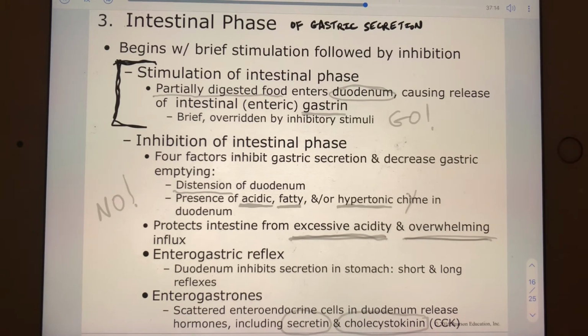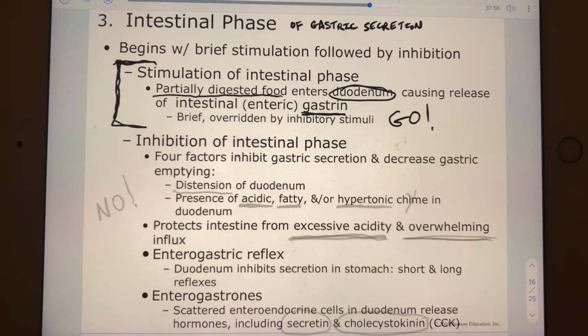That stimulatory phase occurs just as the stomach is starting to send foodstuffs, chyme, really, into the duodenum. Okay? This causes the small intestine to secrete gastrin. So not only does the stomach release gastrin, but the small intestine can release gastrin. And yes, sure enough, in the small intestine, there are enteroendocrine cells as well. Okay, so they're producing gastrin, which says very, very briefly, go, stomach, go.